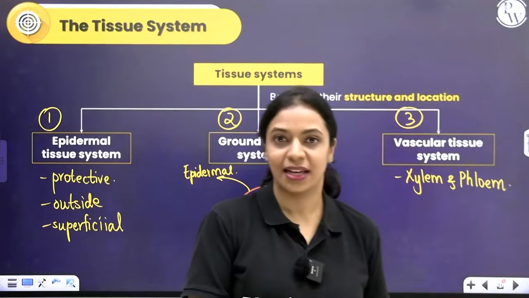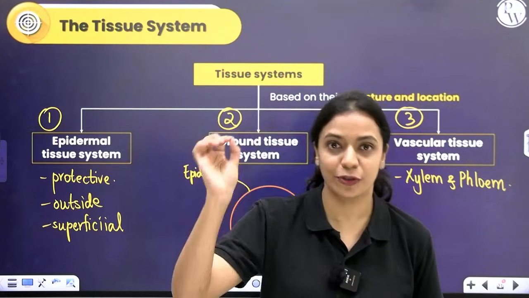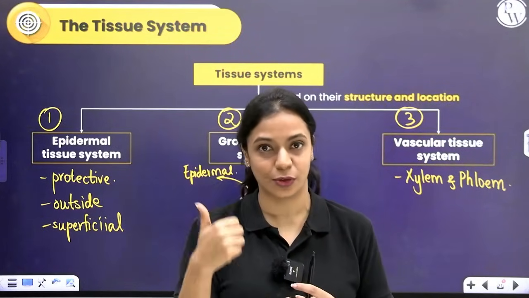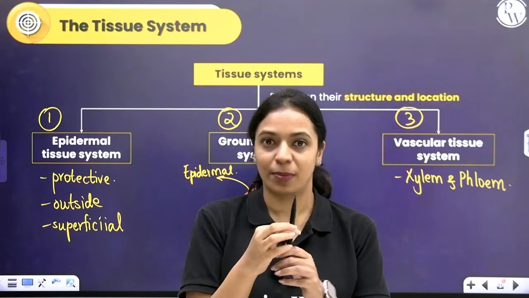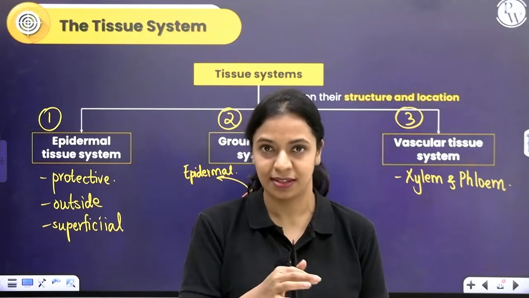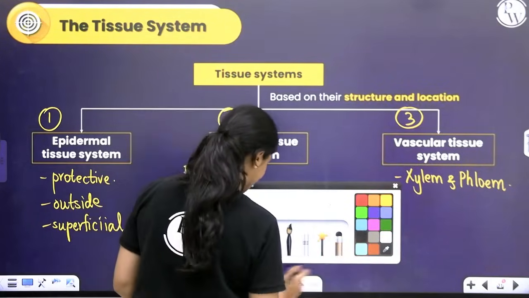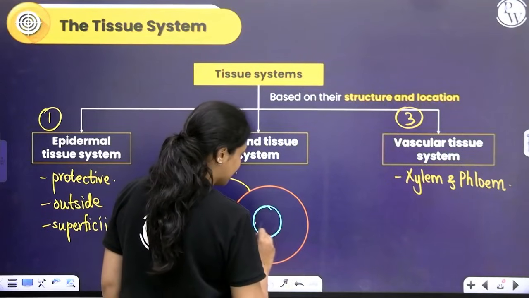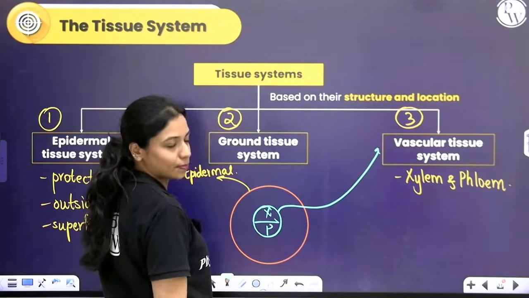You can think of xylem and phloem like that kind of pen with many different colored refills. You can click and then you can select a color, right? So, inside one common body, you have many tube-like structures. Like that, xylem and phloem will be present inside the root, stem and leaves. Okay, for convenience sake, right now, I will represent it here. Somewhere in the center, xylem and phloem will be present. That is our vascular tissue system.